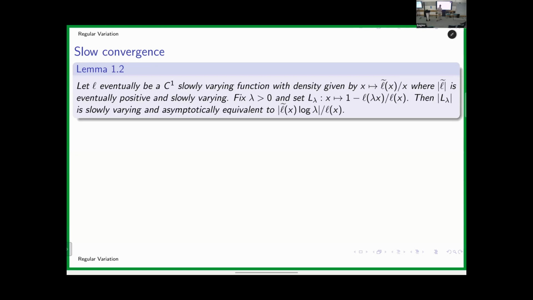My recollection is that uniform convergence on compact sets is automatic, right? Yes, it holds uniformly on compact sets of lambda.